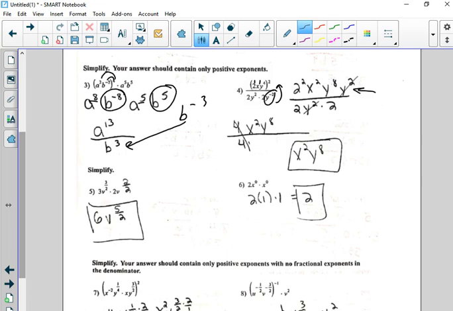The y's cancel, y to the 2 is y to the 0. Or another way to look at it, the bottom here would be 4 y to the 0. 2 minus 2 is 0. You add the exponents, and that makes 1. Then the 4's cancel, you're simply left with x squared y to the 8.